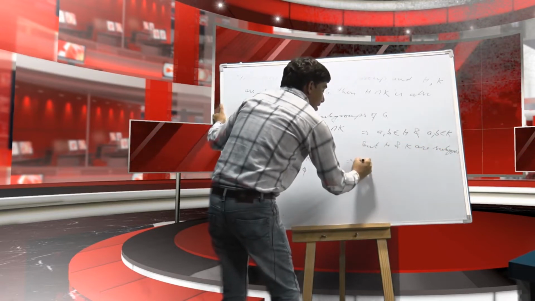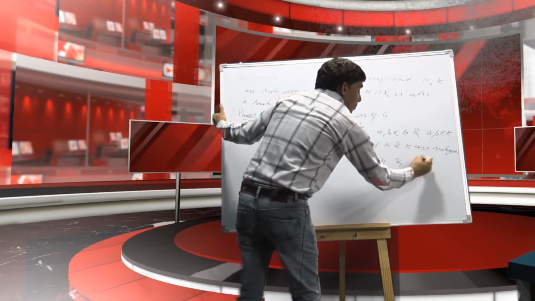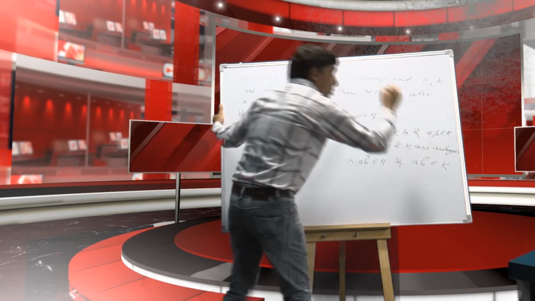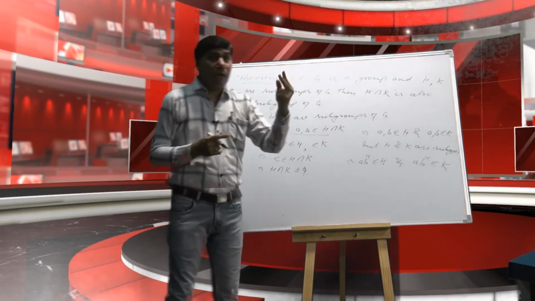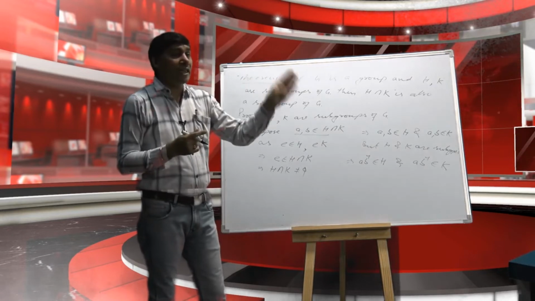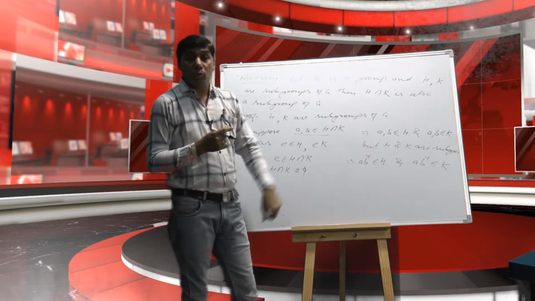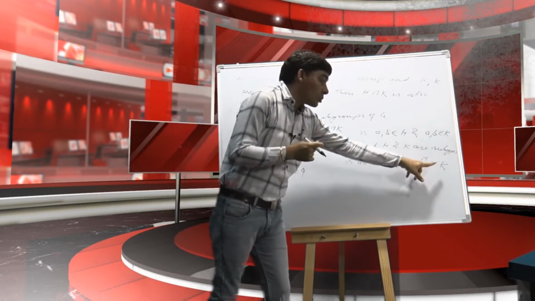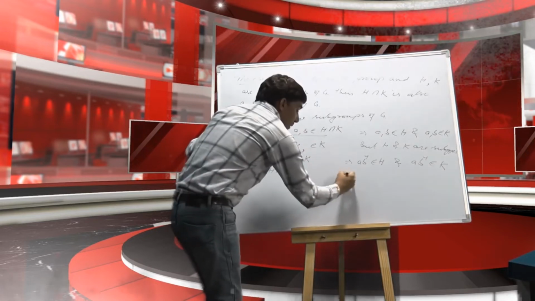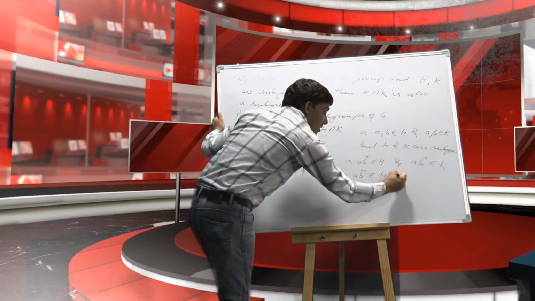This implies a b inverse belongs to H and a b inverse belongs to K. Because in the last theorem we proved that if a, b belong to H, then a b inverse also belongs to H due to the subgroup definition. So a b inverse belongs to H, a b inverse belongs to K. This implies a b inverse belongs to H intersection K.